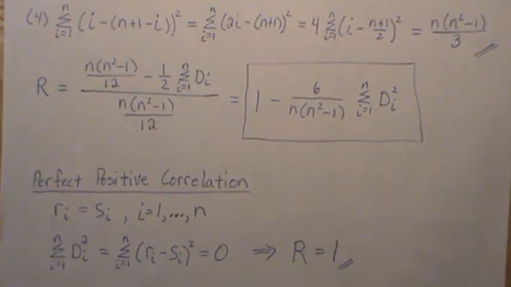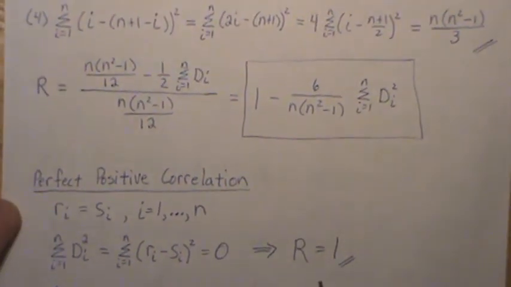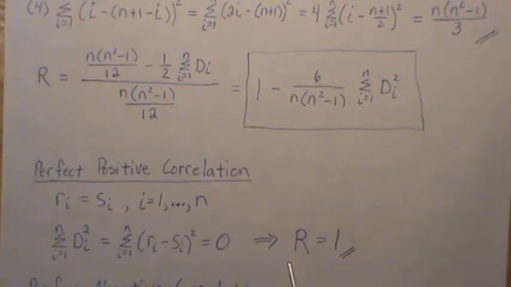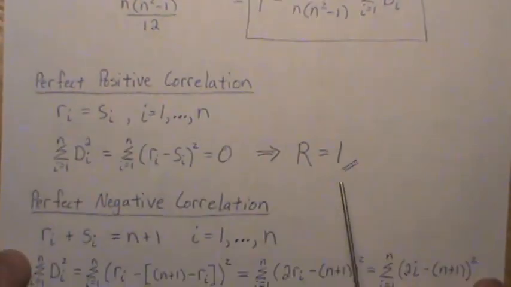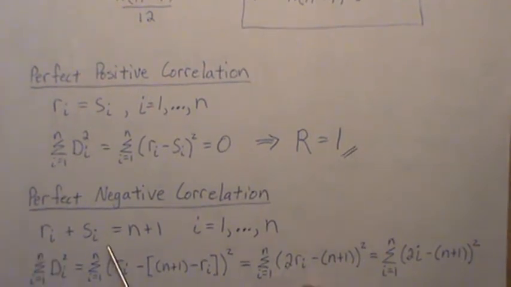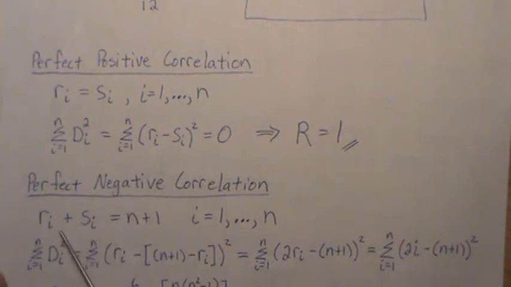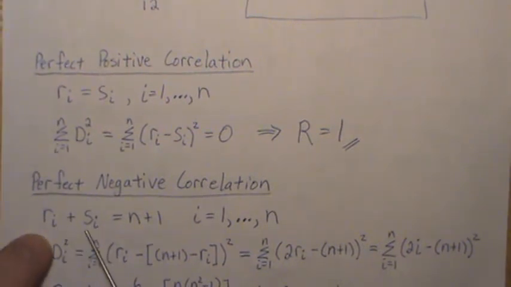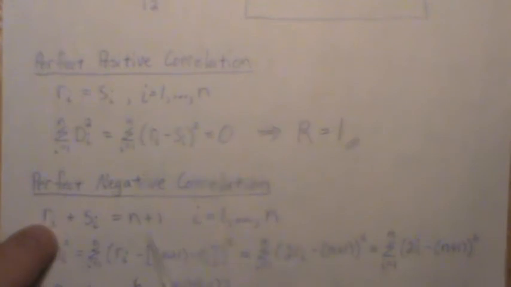So it's very similar to Pearson's correlation. This is Spearman's. So perfect negative rank correlation means that they get ranked exactly opposite. So the x's go from 1, 2 to n. The y's go from n down to 1. So if we were to add the ranks of each pair, they would add to n plus 1.